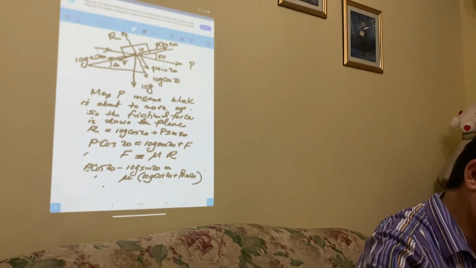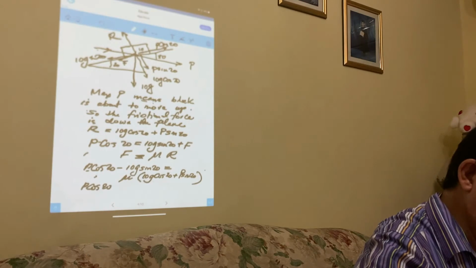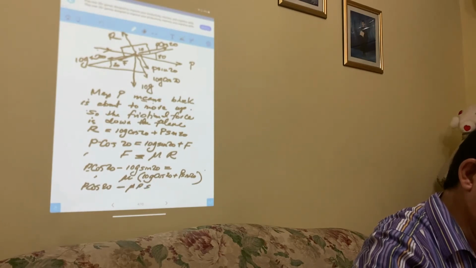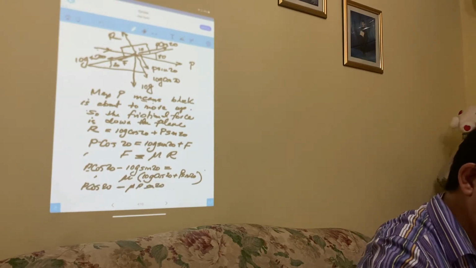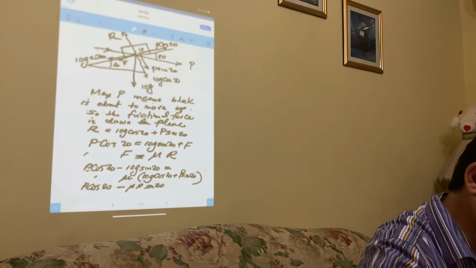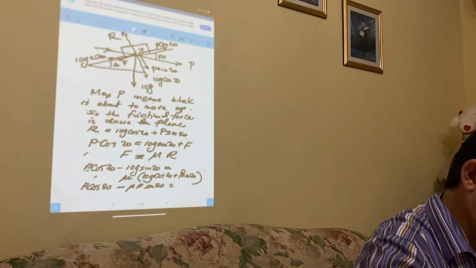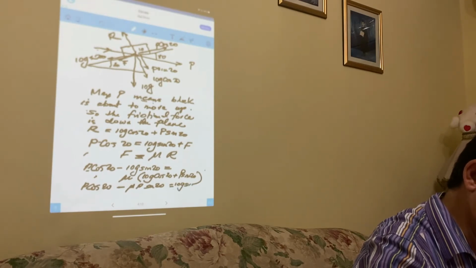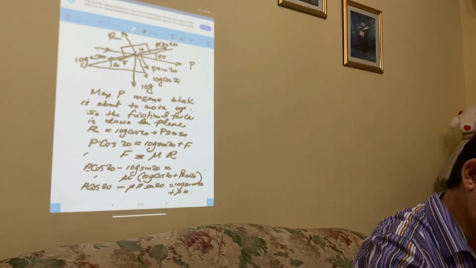Therefore, we get P cosine 20 minus mu P sine 20 equals 10g sine 20 plus mu times 10g cosine 20.